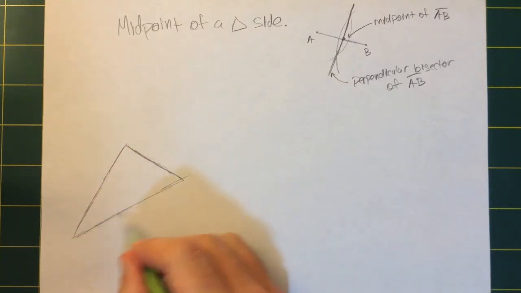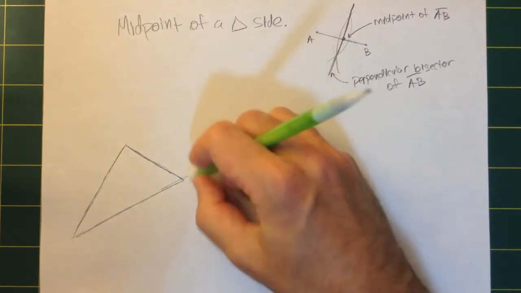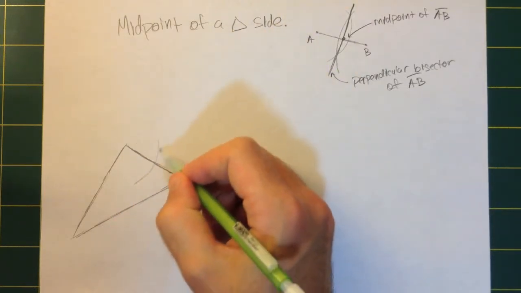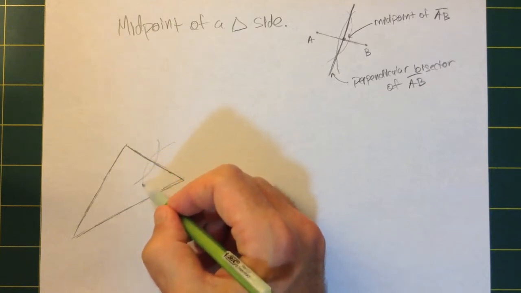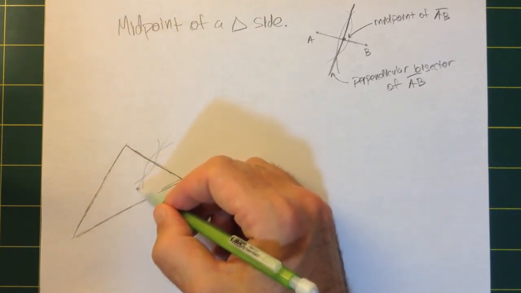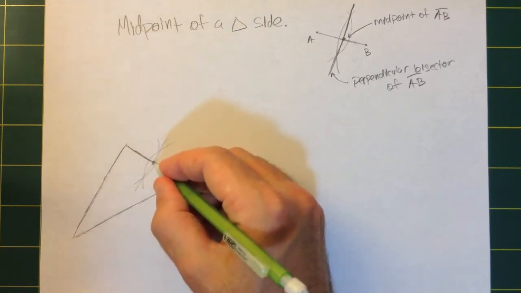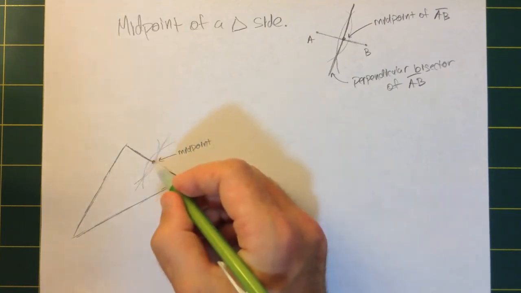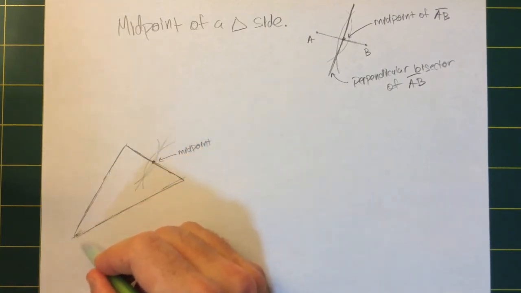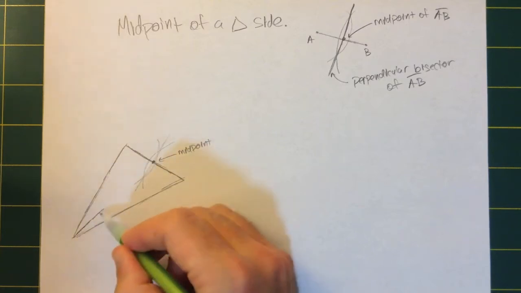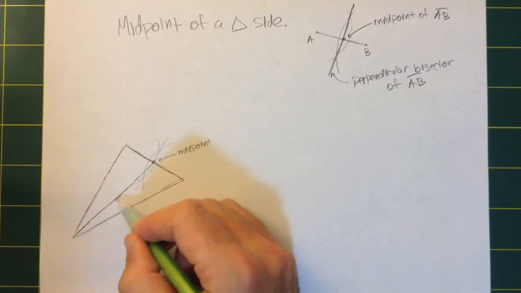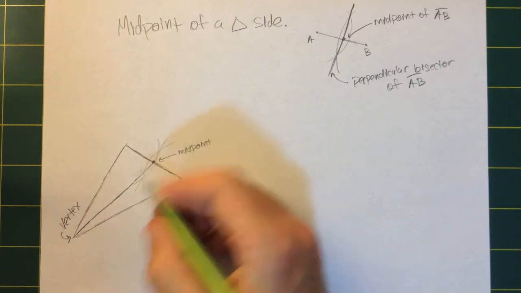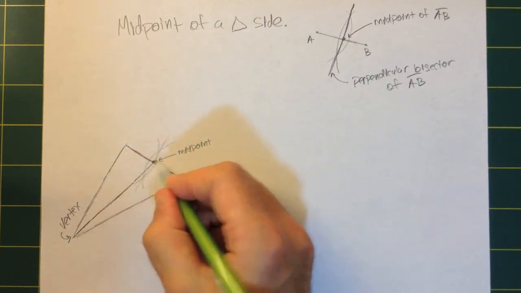And we pick one of the sides to find the midpoint. I'm just going to pick this one right here. So I would do my perpendicular bisector construction. I would open up more than half, make an arc, open up more than half, make an arc, put my perpendicular bisector through here, and I would find the midpoint. If I take that midpoint and I connect it to the vertex that is opposite from it, I get this segment which receives a special name.